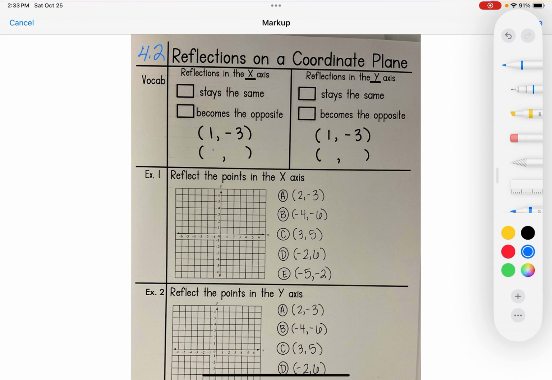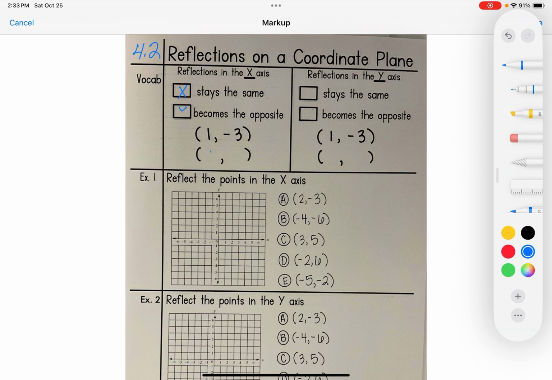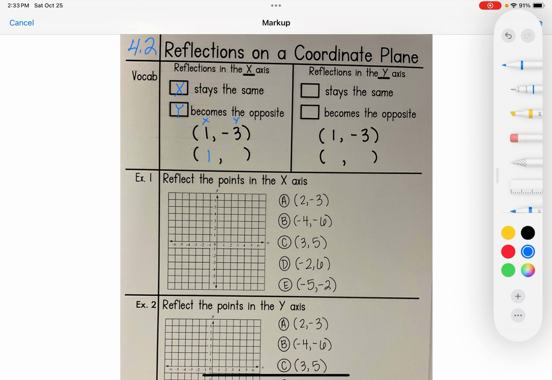Up at the top, it says right here, reflections in the x-axis. When you are doing a reflection in the x-axis, the x stays the same and the y becomes the opposite. So for example, if you have 1, -3, this is x, this is y, and you're plotting the points, the 1 would stay the same, and then you would plot the opposite of the y, so it would become +3.